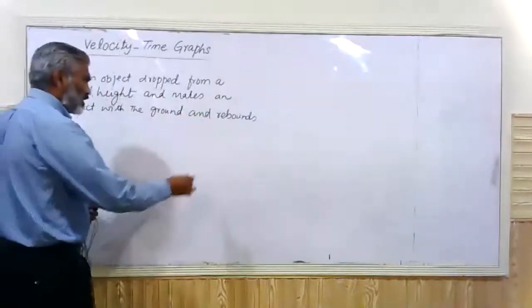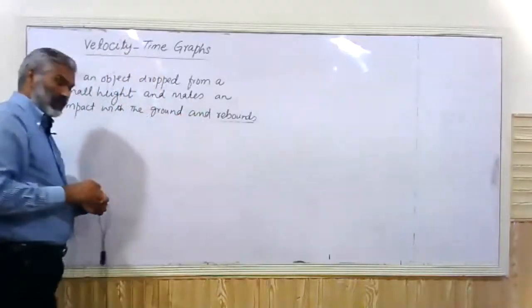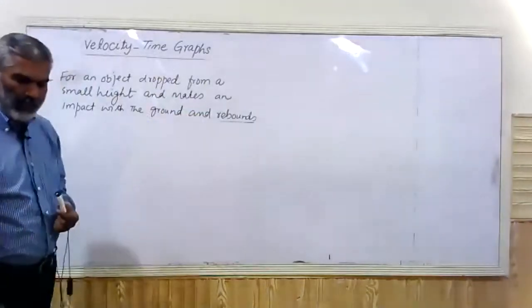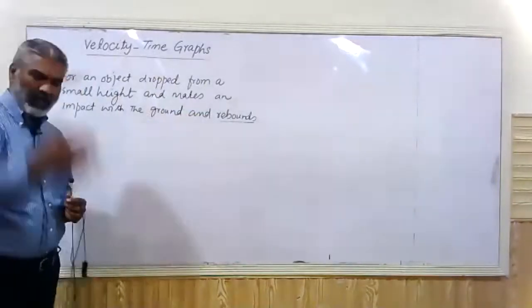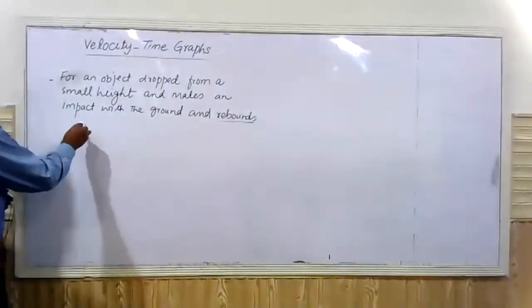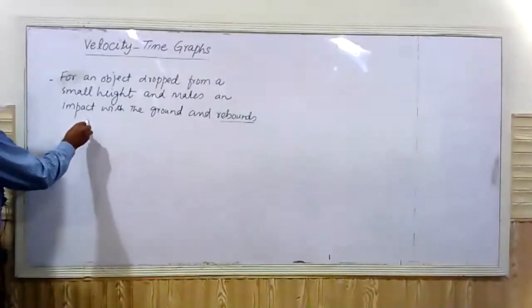So those situations in which an object is dropped through a small height, it makes an impact with the ground, it rebounds, then makes another impact, then rebounds. What is the shape of that graph? That is also useful because we have questions related to this case.